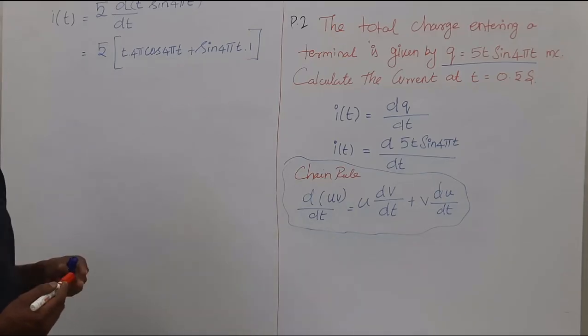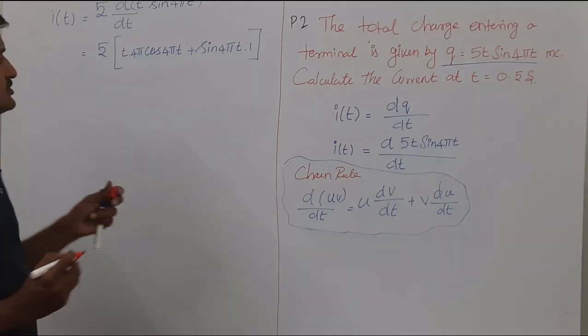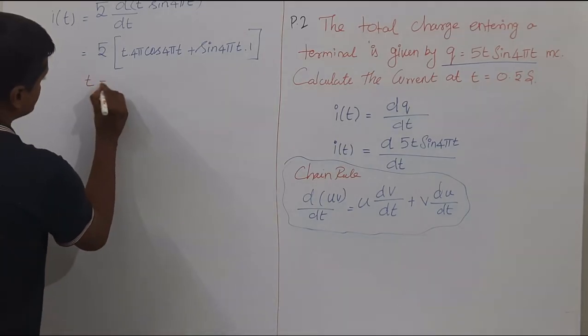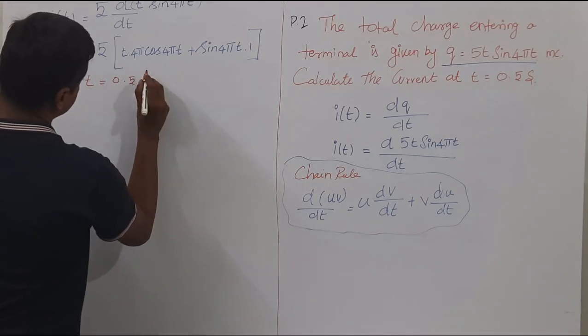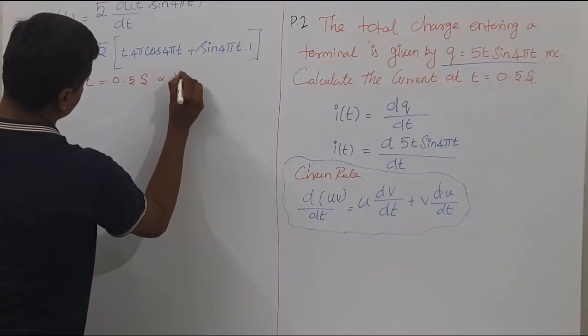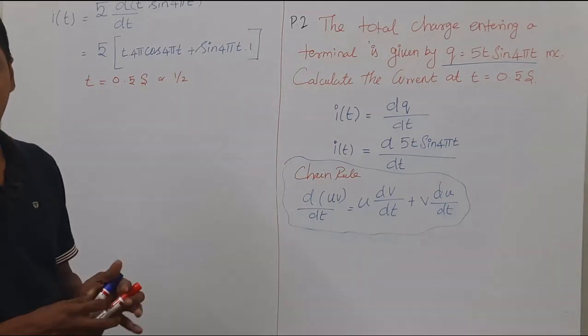Now we substitute the value of t to find the value of i of t. What is given? t equal to 0.5 seconds, or we can write 1 by 2.